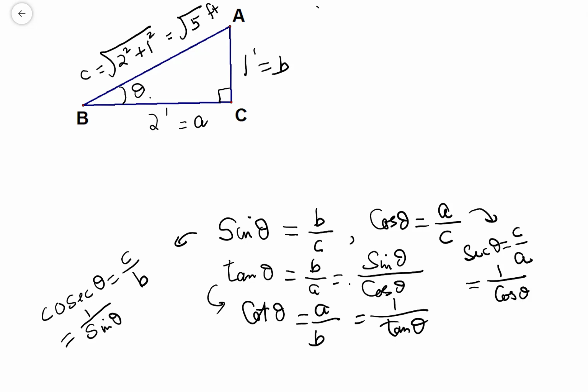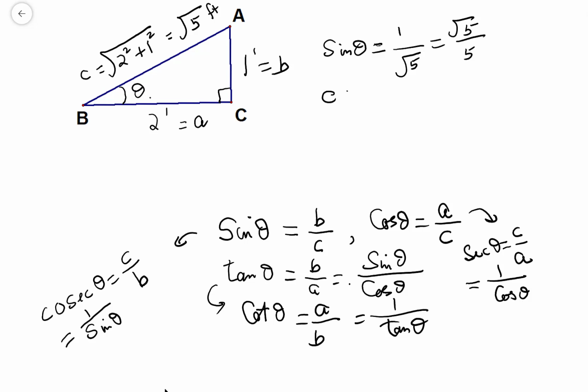So if we have to get sine of theta, sine theta is going to be how much? I think I've gone a little out of our recording area. So here we are. Sine theta is, opposite is 1, and hypotenuse is square root of 5. We are not going to be that sensitive about it later on, but if you want, you can rationalize the denominator by multiplying both the numerator and the denominator by square root of 5.